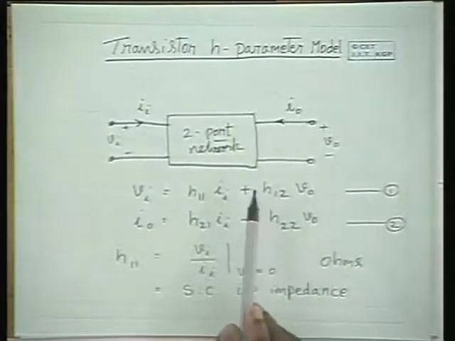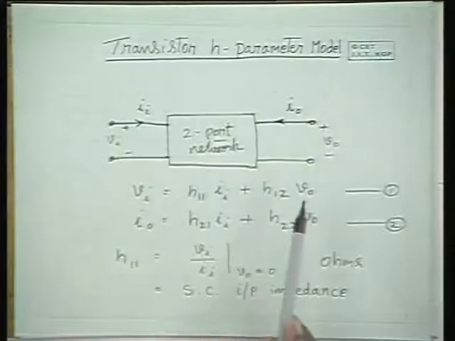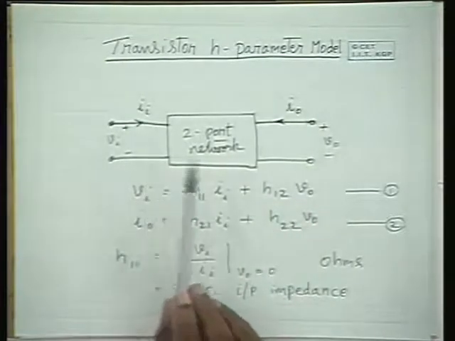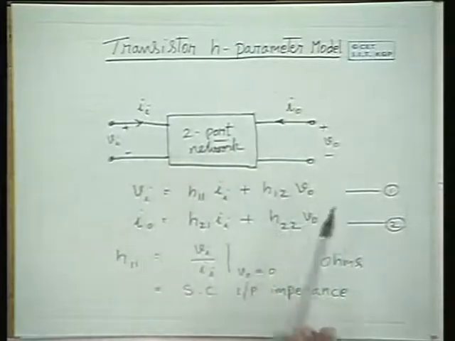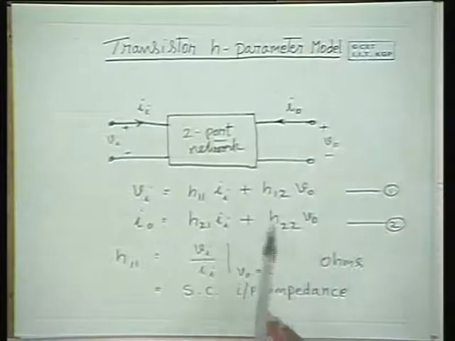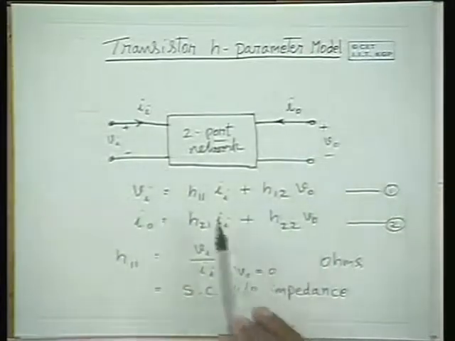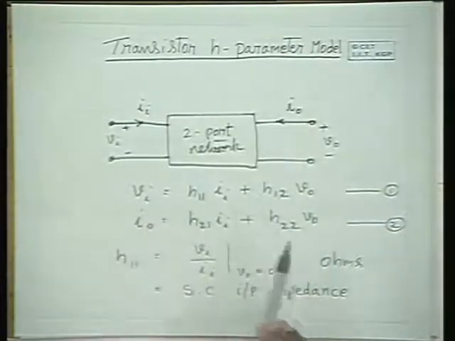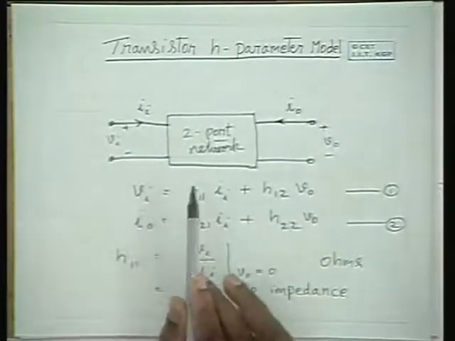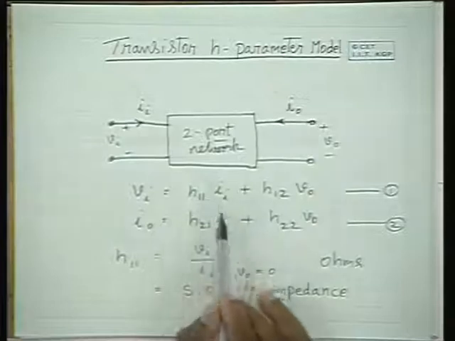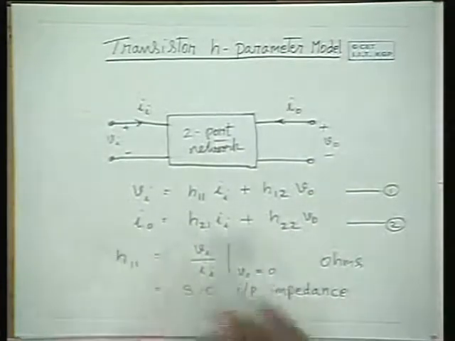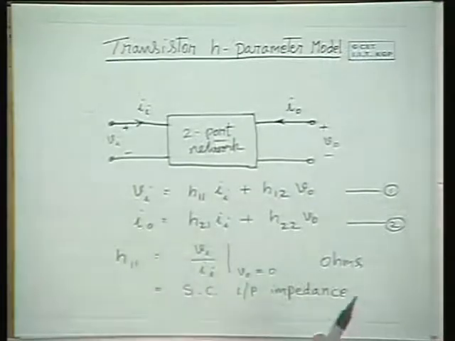It is not alone in terms of currents and voltages, but in terms of mixed currents and voltages. For example, input voltage and output current are expressed as functions of input current and output voltage. So it is a hybrid relationship between the voltages and currents.